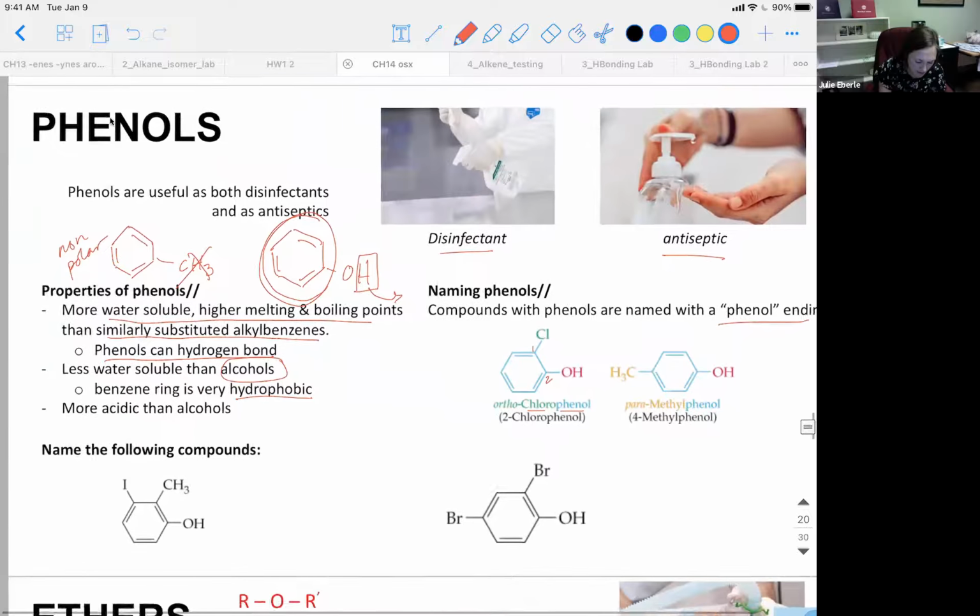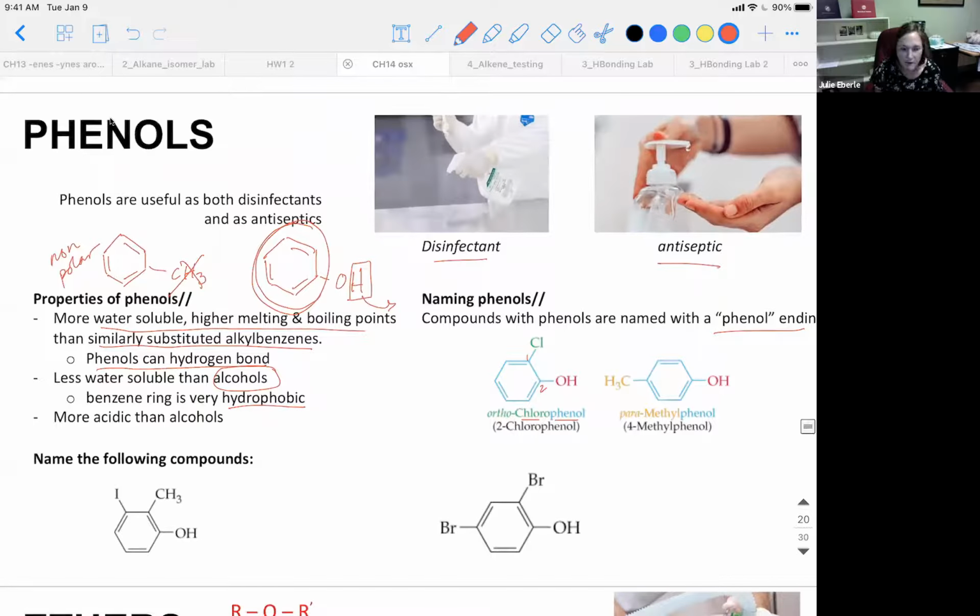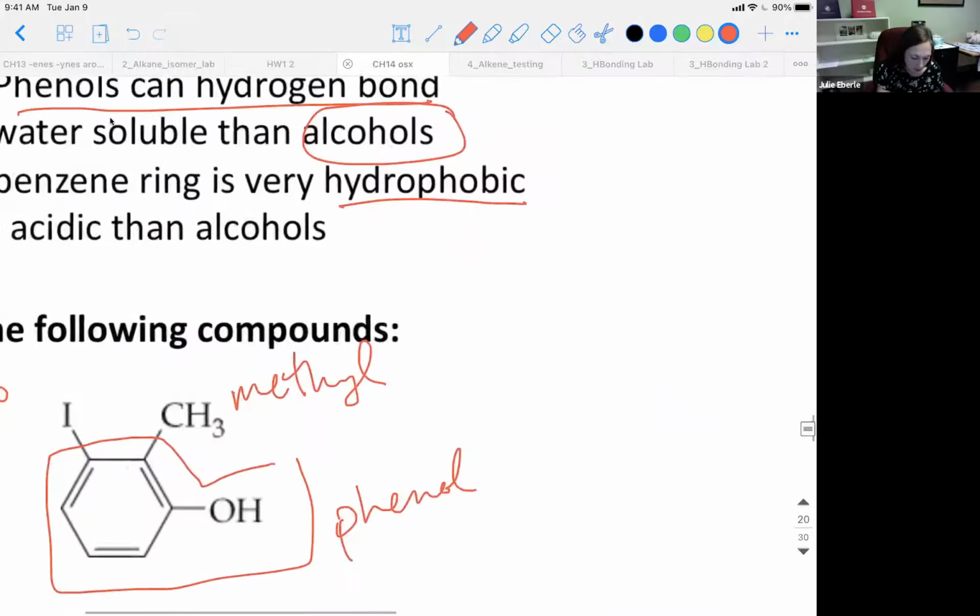So I want you to name these down here. What about this one on the left? We've got an iodo group, a methyl group, and then here is your phenol. We're not going to use ortho, meta, para here because we have more than 2 substituents. We've got an OH substituent, a methyl, and an iodo. The OH is named within the phenol parent name. So how would we name this? We consider this to be carbon 1.